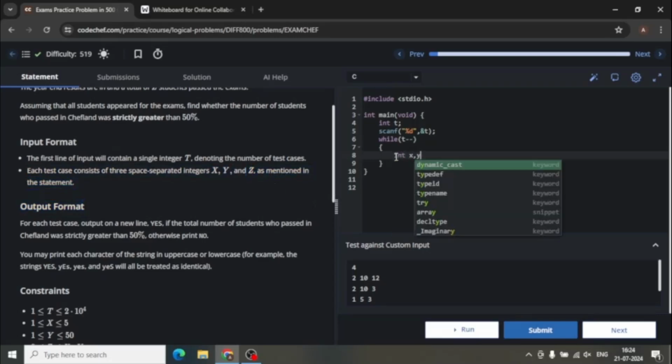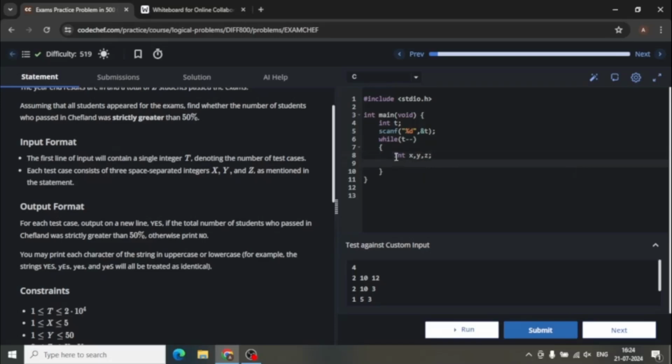Declare and scan X, Y, and Z. Print yes as output if the students who passed the exam is strictly greater than 50%. Else, print no as output.